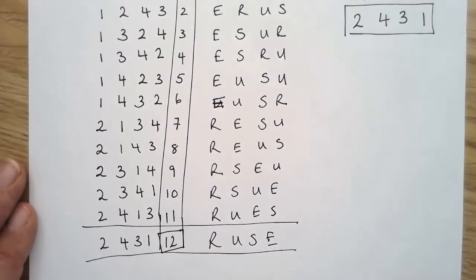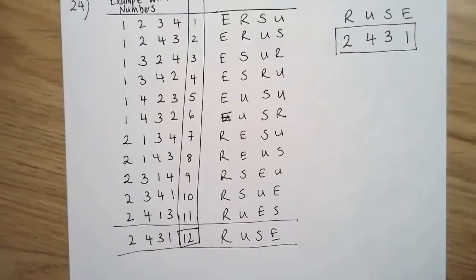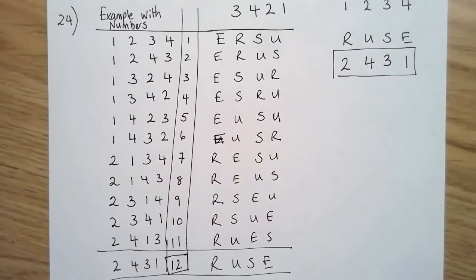Well done if you got anywhere near that. I don't have a shortcut for listing it. The way that I would do this is indeed to list, just like I've done. I'd have started like this, but I hope this one shows you what was actually happening on this side.